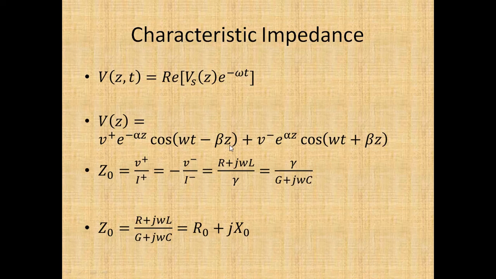It is equivalent to R plus j omega L divided by gamma, or gamma divided by G plus j omega C. So Z0 is coming in the form of R plus j omega L, gamma is substituted, we get the quantity G plus j omega C, and it is converted into R0 and X0.